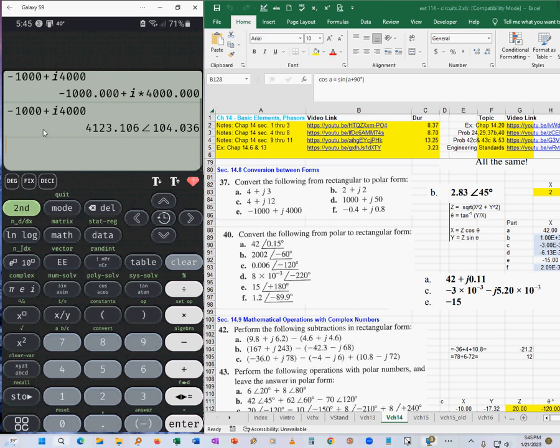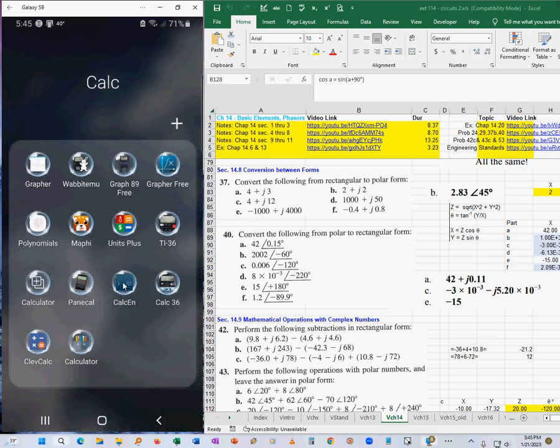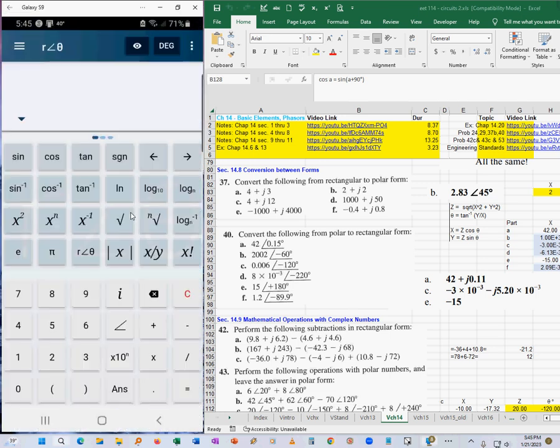Now I'm going to show you CalcEn. So we're going to do the same thing, 4 plus, and then this uses I that has its own button, and you have to hit the times symbol before or after the I to multiply times a number.